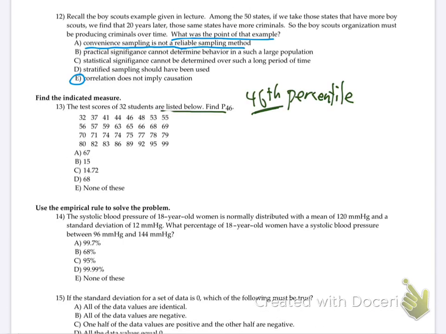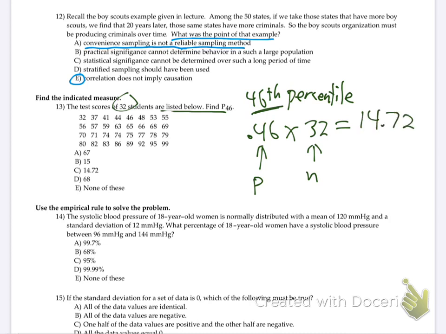So P is 0.46 times the N. What's the N? 32, right? So if we multiply those, 0.46 times 32, we get 14.72.